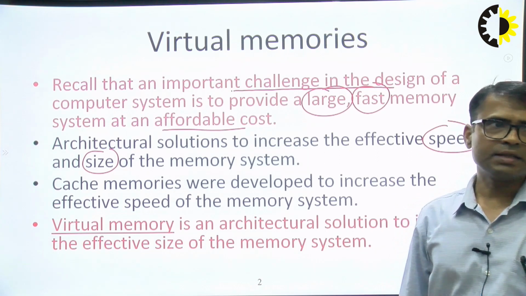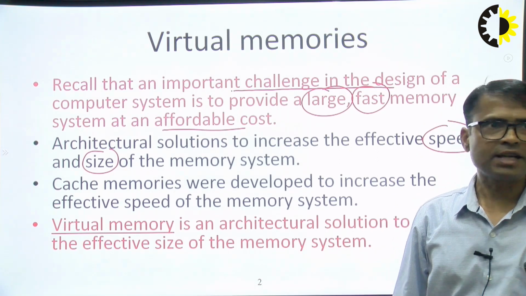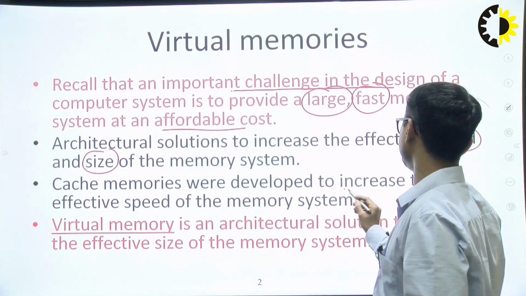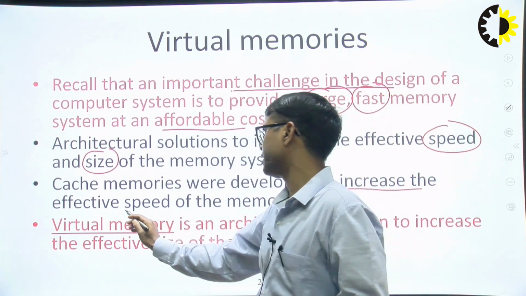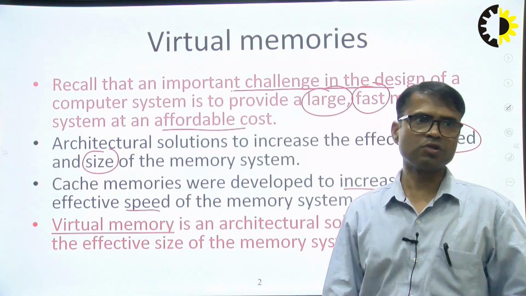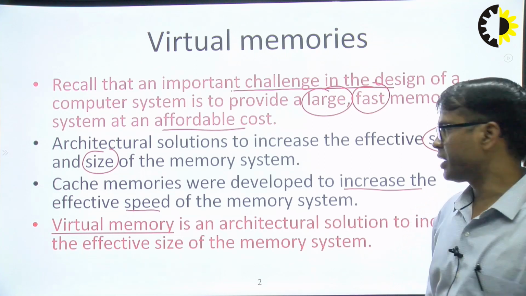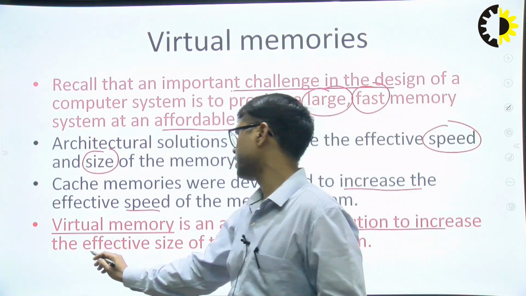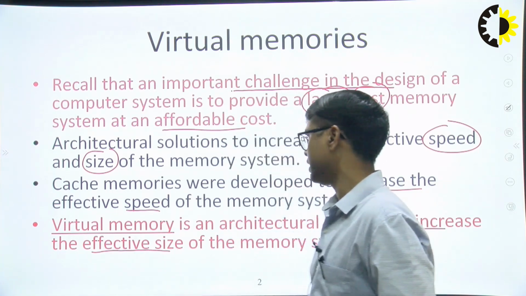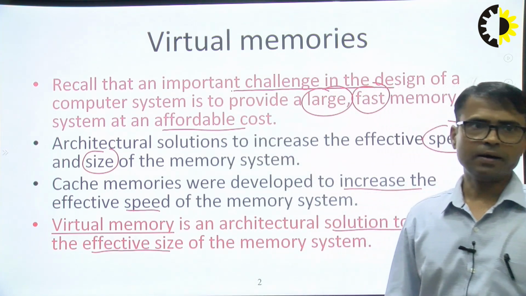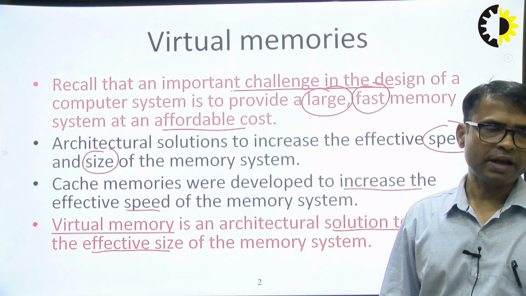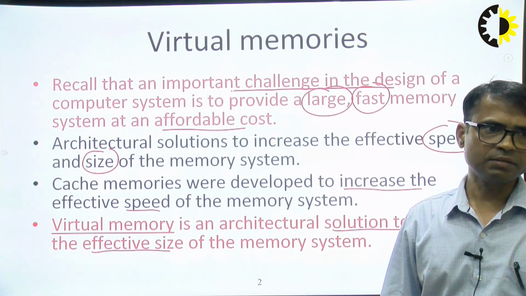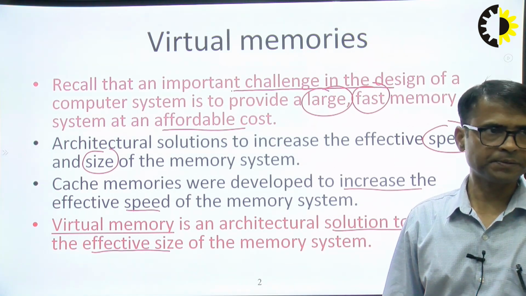We know earlier that cache memory was developed to increase the effective speed. So what is the purpose of virtual memory? Virtual memory is an architectural solution to increase the effective size. Earlier the size was limited, now it will be more available for the operating system and the program to utilize.